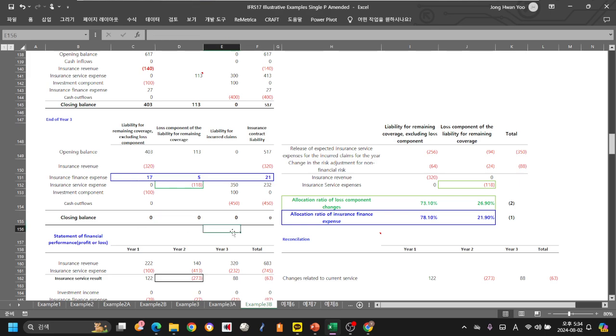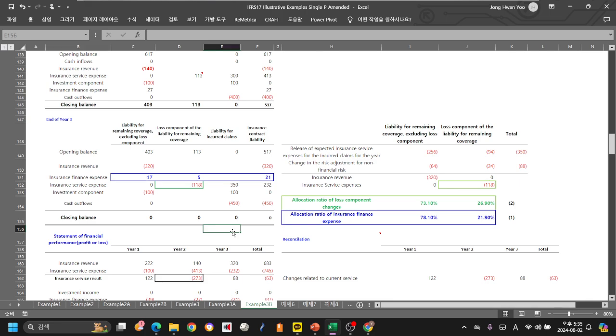And this one looks very easy, but it's very complicating because the standard itself says that it has to be allocated in a reasonable way. I don't know the exact expression, but reasonably allocated. It doesn't give you any specific figures, but in the illustrative examples there is a figure change, and even in year 2020, they amend the allocation ratio accordingly.